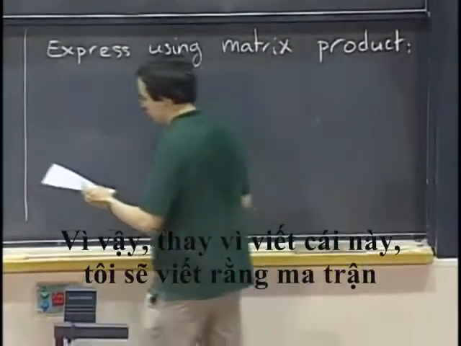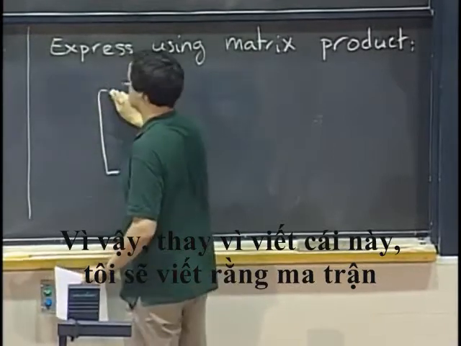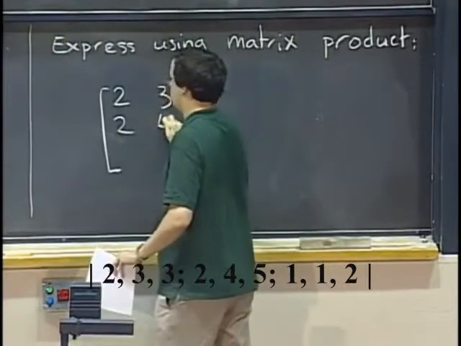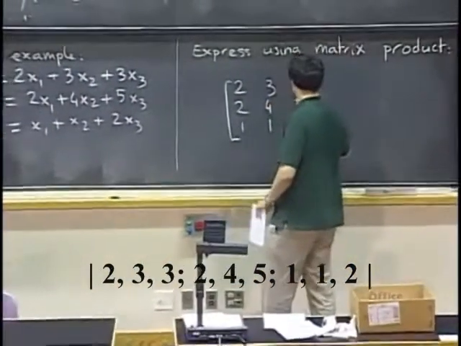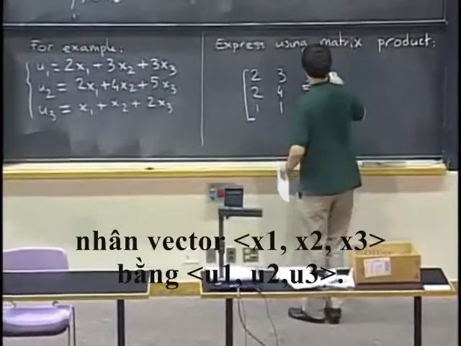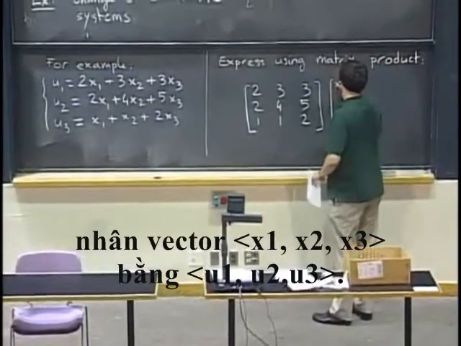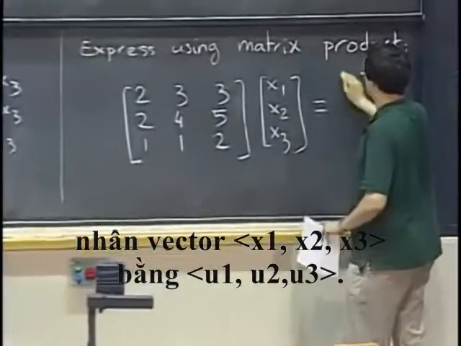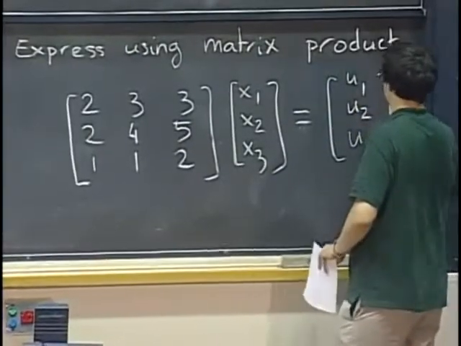So instead of writing this, I will write that the matrix 2, 3, 3, 2, 4, 5, 1, 1, 2 times the vector x1, x2, x3 is equal to u1, u2, u3.